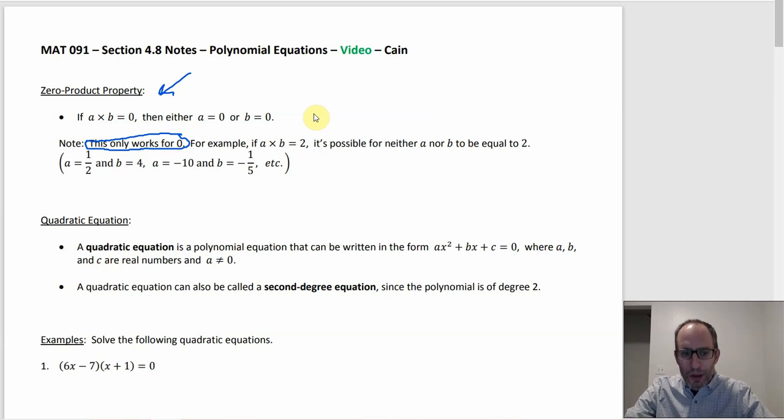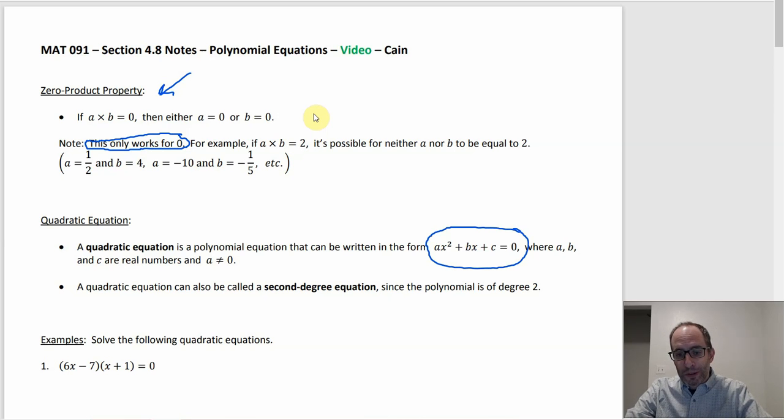All right, so a quadratic equation is basically one that has a quadratic polynomial, which is one of degree 2. It's one that you could write in this form, and we're going to see a lot of things that look like that: ax squared plus bx plus c equals 0.